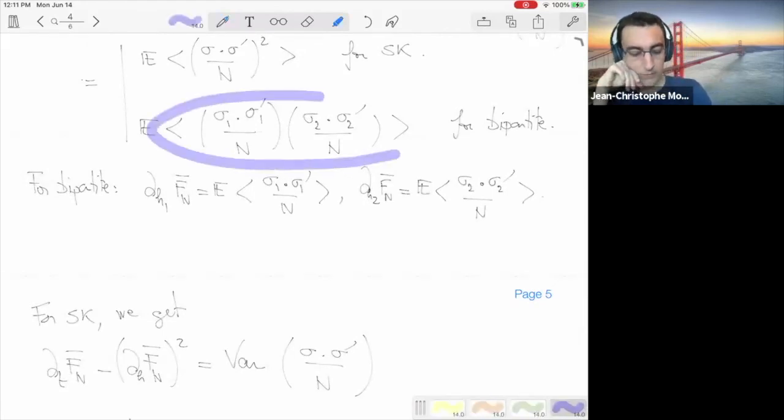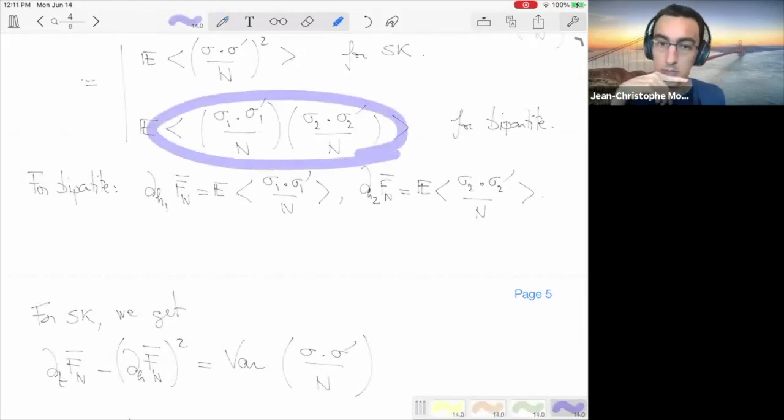And for the bipartite model instead, this is what we get when we differentiate with respect to t, and below are what we get when we differentiate with respect to h1 and h2. If we believe that these overlaps do not fluctuate too much, that they are concentrated, then the t derivative is approximately the product of the h1 and h2 derivatives.